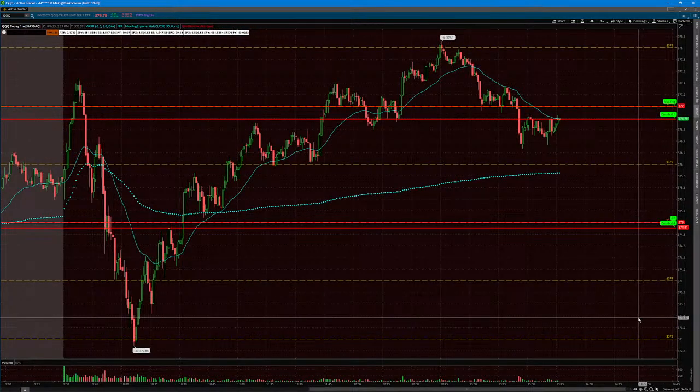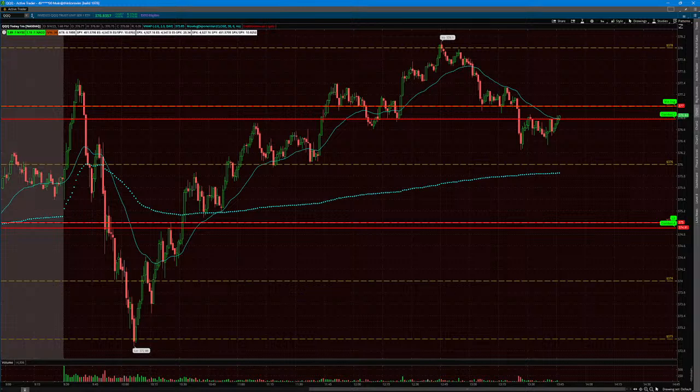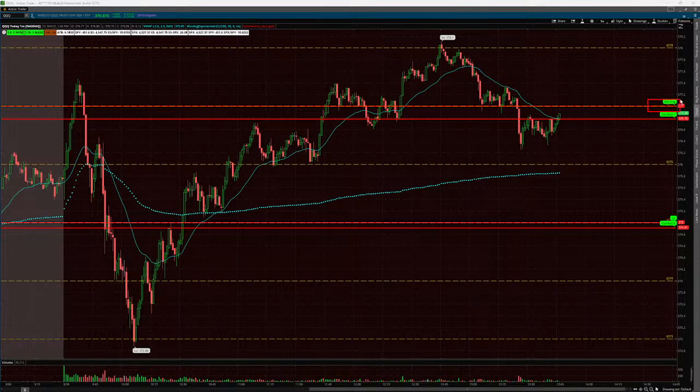All right, so this is the QQQ in a 1-day, 1-minute chart. I'm showing round number levels as well as the SpotGamma levels that are in range for today. As far as SpotGamma levels go, here's the volatility trigger at 377 in QQQ. It did trade above that level for a while today.